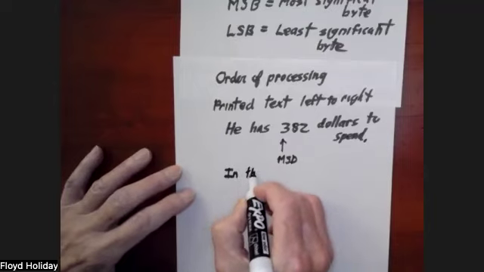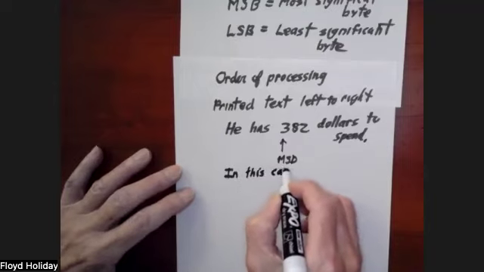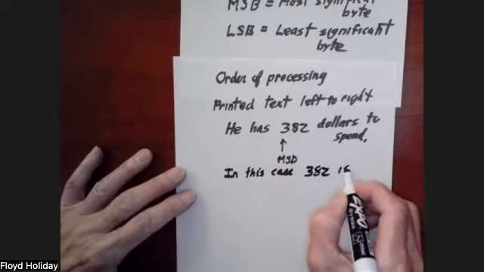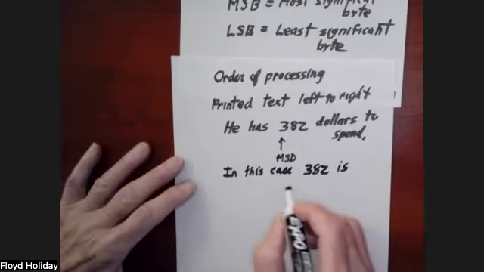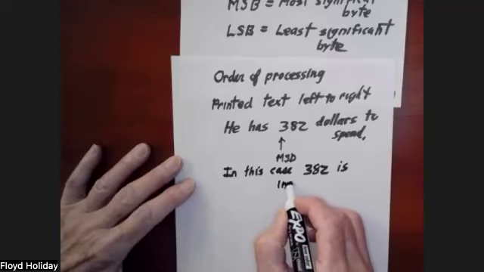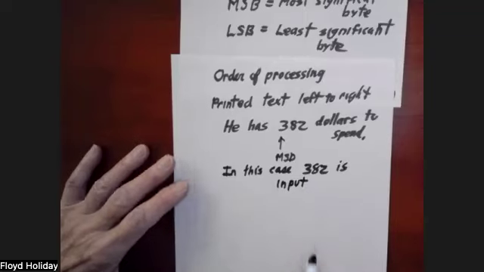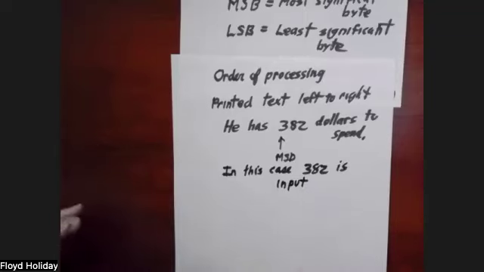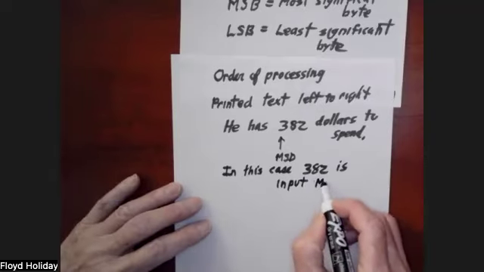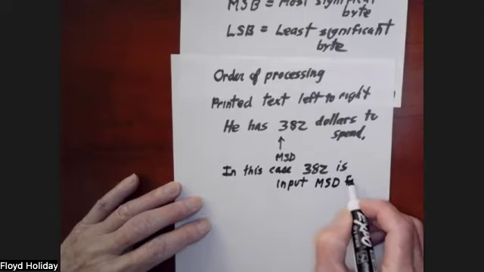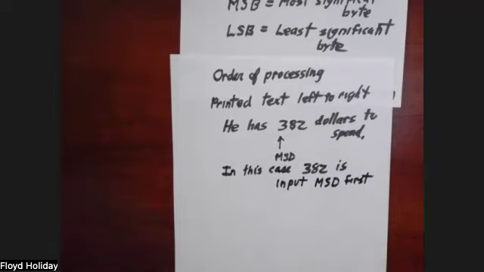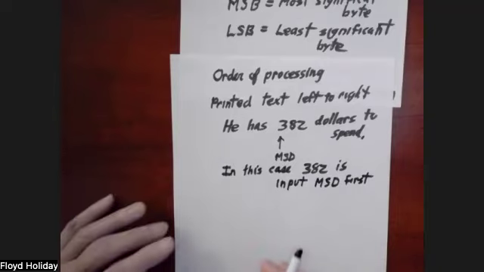In this case, 382 is input to the brain left to right. In fact, left to right is not a good thing to say. It's better to say input MSD first. And then obviously LSD has to be last. Okay.